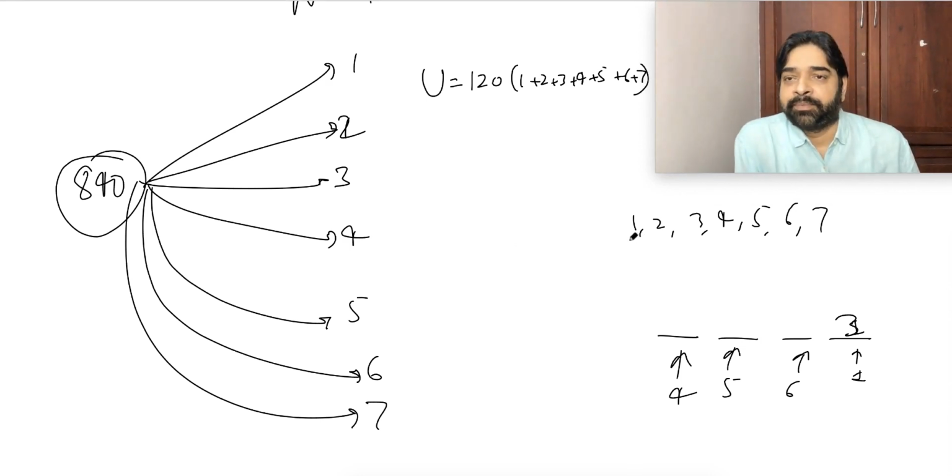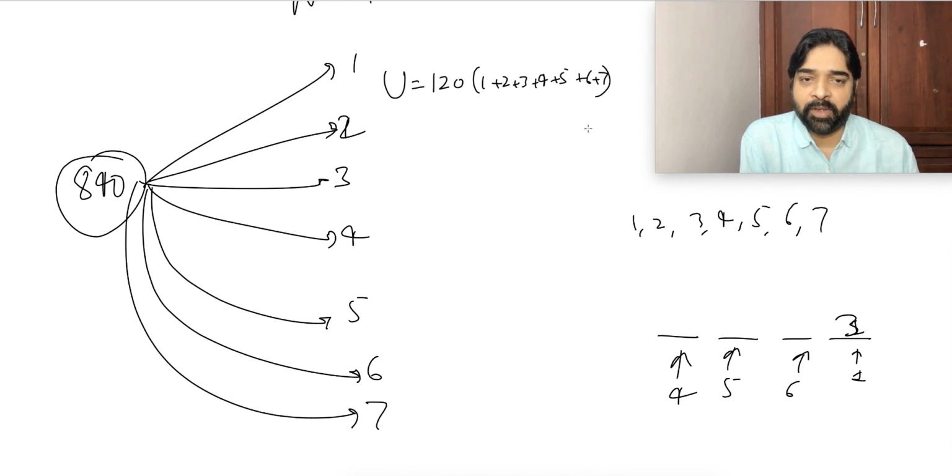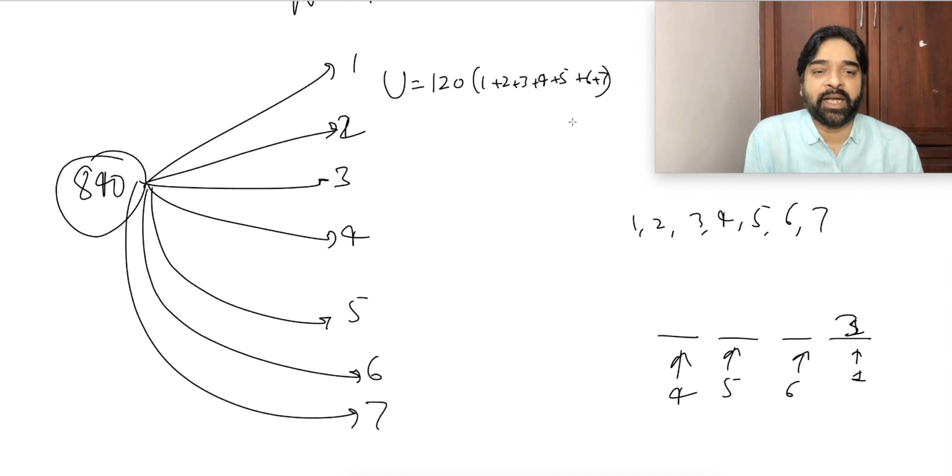Yes or no? Speak. If you will not respond, I will feel that you are not getting it. Your sum of the unit place is 120 into 1 plus 120 into 2 plus 120 into 3 plus 120 into 4. Did you understand the point?